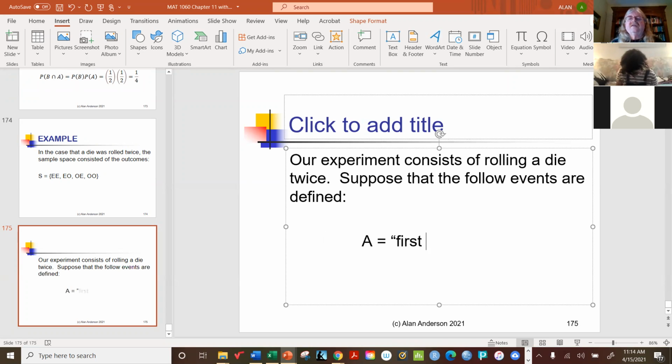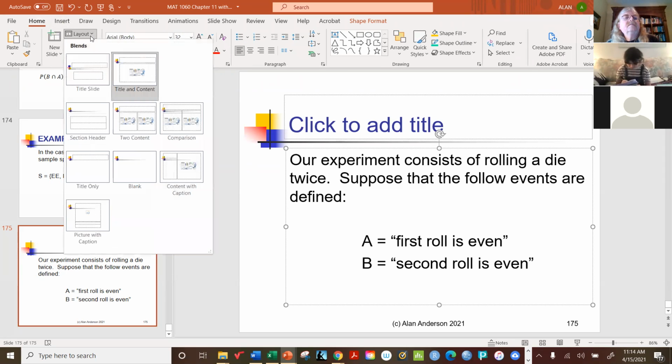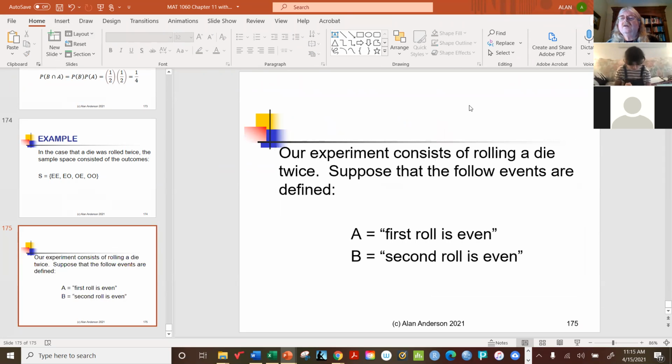A equals the first roll is even. B is the event that the second roll is even. So the probability of getting 2 consecutive evens can be calculated with our simplified multiplication rule because clearly the rolls are independent of each other.